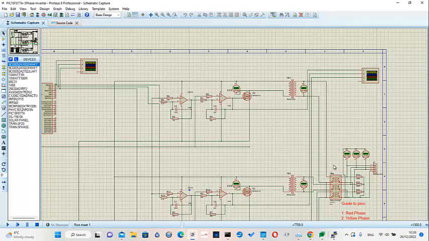So we say that this is phase to phase 400 volts and phase to neutral 230 volts. And that is the reason why we have this warning here.